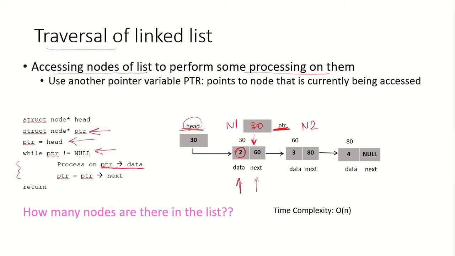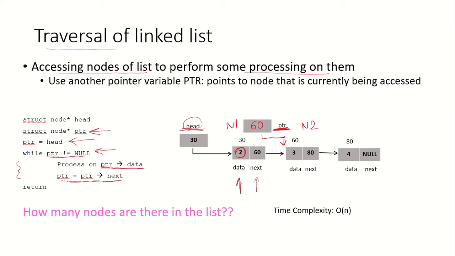Whatever task was to be performed on this data element will be done, and PTR will be updated to PTR arrow next. So PTR will now be updated to the value 60. Now PTR starts pointing to node 2.